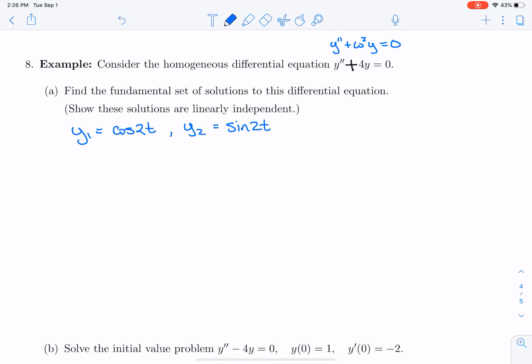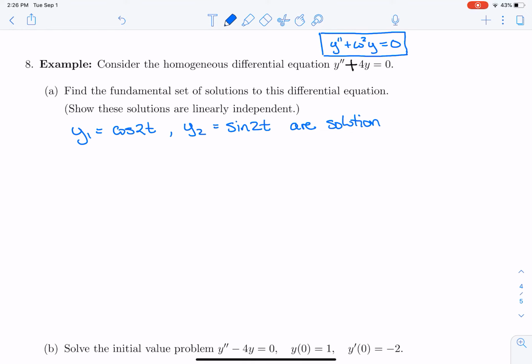That's because we solved this problem already. So I suggest, okay, instead of going through all of the process that we went through in the last video, that you learn that the solution to this particular second order differential equation is just cosine omega t and sine omega t. Those are the two solutions that form this fundamental set of solutions.